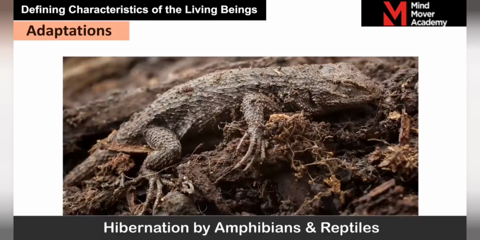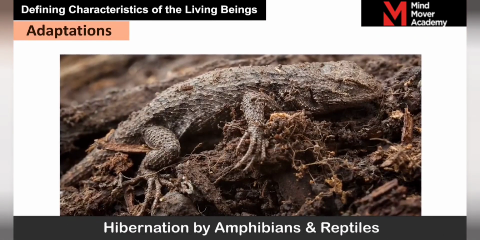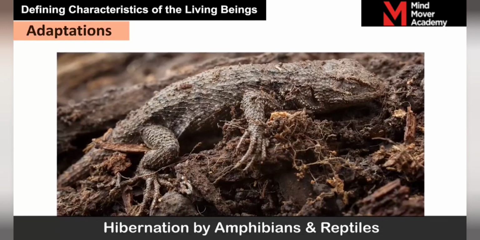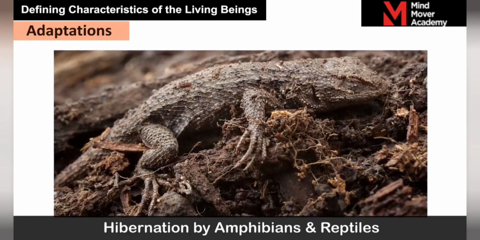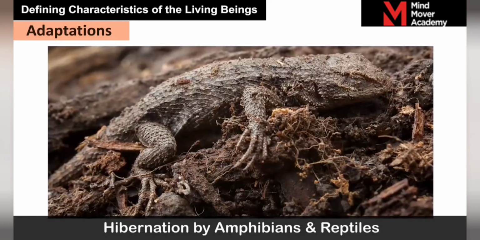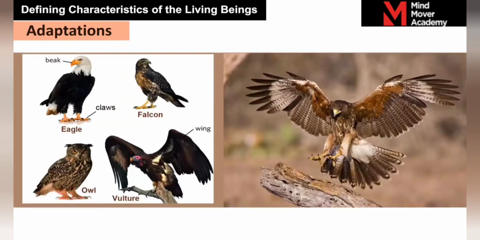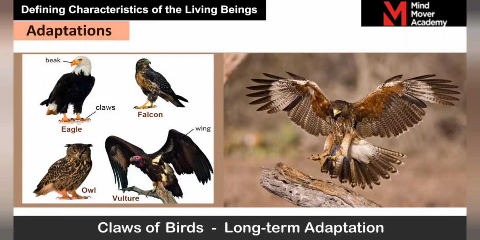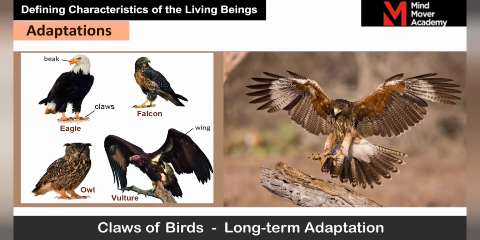For example, the hibernation process, which is adopted by most amphibians and reptiles when the weather conditions are extremely cold, is an example of short-term adaptation by these species. Also, the claws of different birds are well adapted to suit their perching habits, and so this is an example of adaptation.